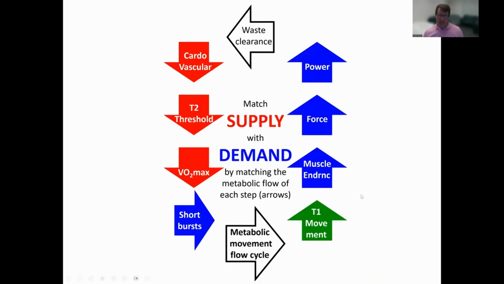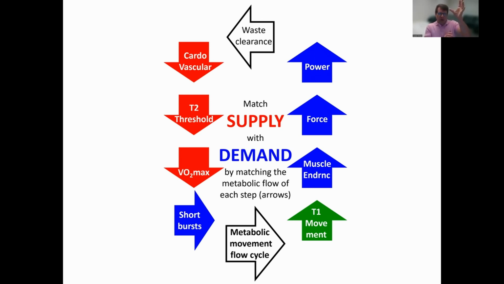Fats and cardio. So this cycle here shows how we're feeding from cardiovascular health to your threshold number 2, which is your 1-hour and race pace, 1-hour effort, to your VO2 max, which is your 10-minute effort, to short bursts, which is your less than 3-minute effort, probably peaked adaptation at 1 minute.